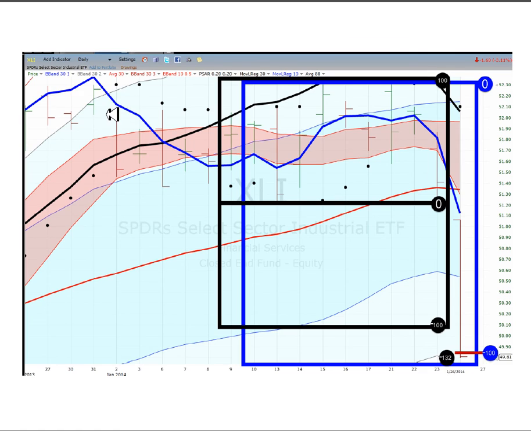And this is what that XLI looks like. And what I've done is I've marked off the 10-day NDX box here in the upper black box, scored it from 0 to 100, and then we look at Friday's price action, opened outside of that range and then closed well outside for a score of minus 132. To get an indication of the magnitude of that, you notice that it closed at the low of the day. If we take the previous 10-day range, days minus 1 to minus 10, and then doubled that and brought it down here, if it had closed right at this price level at 50.10, it would have had a score of minus 100.